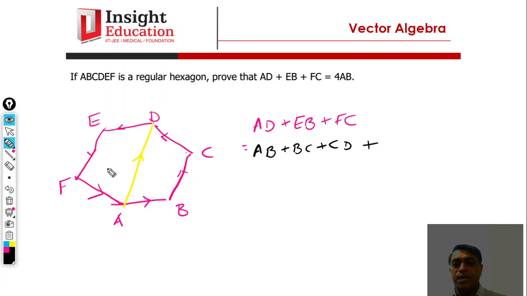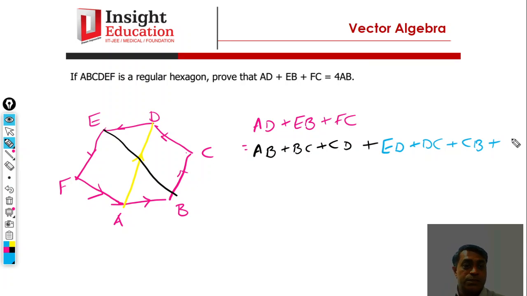Second is EB. So for EB I have two options. Either I can follow EF, FA or FB, but here it is BC and CD, so follow ED. So for that we can write ED plus DC plus CB. ED plus DC plus CB plus FC.